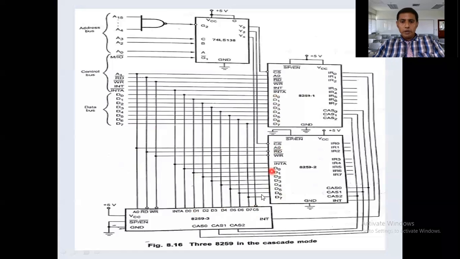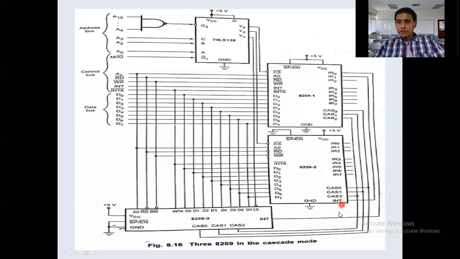But if you observe carefully, the master INT is connected to INTR of the processor. Remember, INTR. The master INT is connected to the processor INTR only. But the slaves' INTs, assume this is a slave, this is a slave, the slave INT is connected to which one?